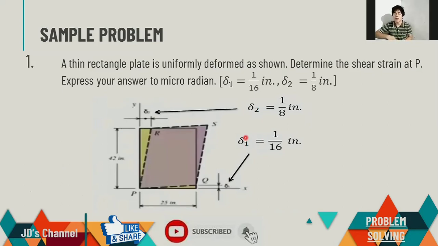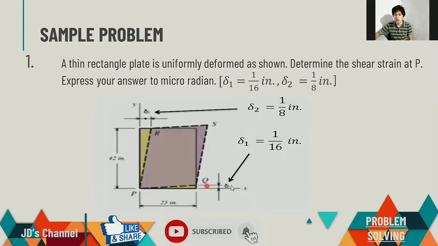For sample problem number 1, a thin rectangular plate is uniformly deformed as shown. Determine the shear strain at P, this point here. Express your answer in micro radians. Our givens: delta sub 1 is 1/16 inch, and delta sub 2 is 1/8 inch.